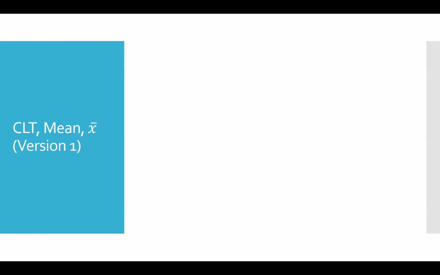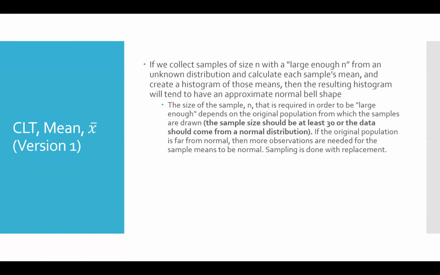Here's what it says, with some of the math lingo in there. If we collect samples of size n, with a large enough n, from an unknown distribution, and calculate each sample's mean and create a histogram of those means, then the resulting histogram will tend to have an approximate normal bell shape.